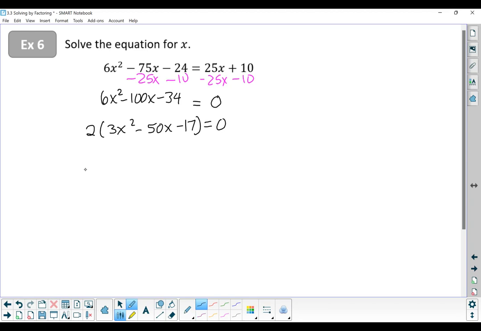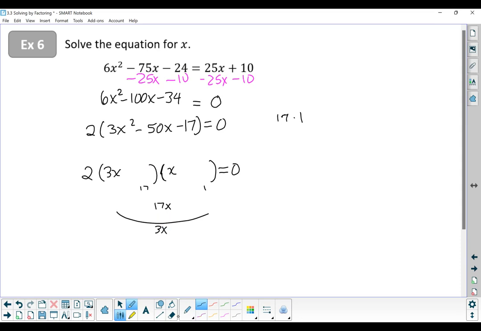Well, the nice thing about 17 is it's a prime number. So we know that it's got to be a 17 and a 1. There's no other combo for 17. So we are going to put a 3 with one of our x's, whoops, sorry, that should be an x, not a 3, so that we have that 3x squared. If I put the 17 here and the 1 here, my middle term is going to be like a 20 or something, or a 14, right?